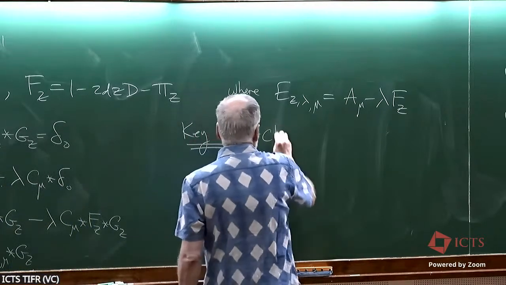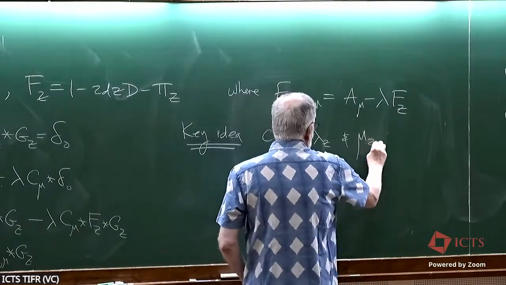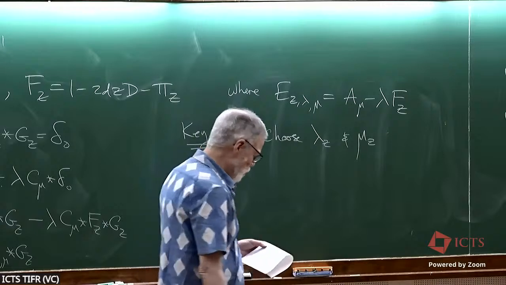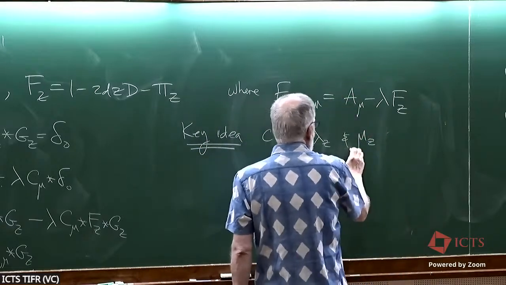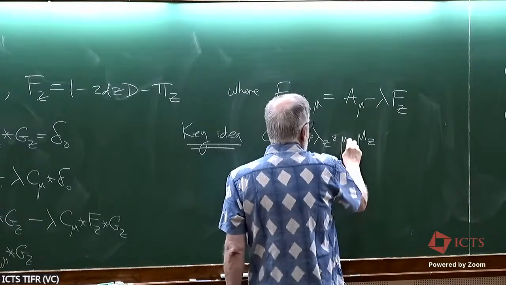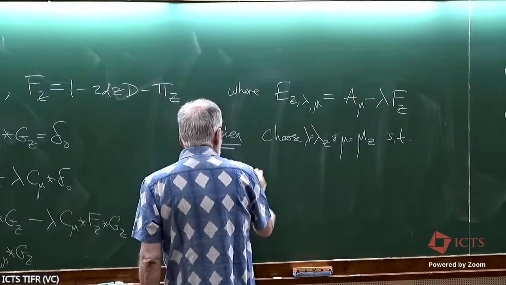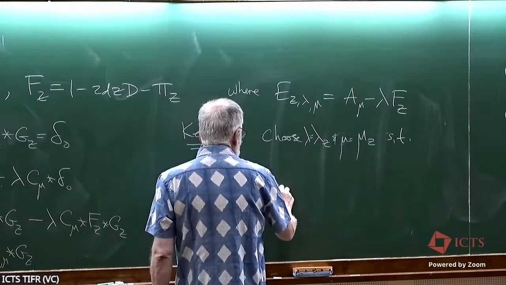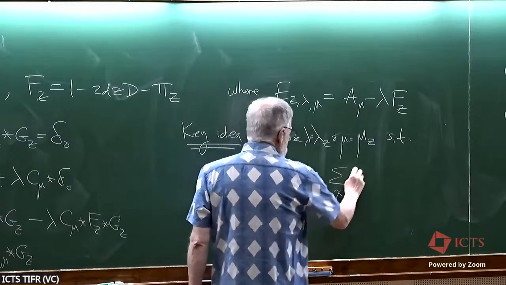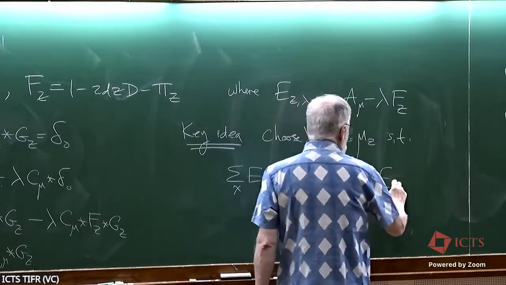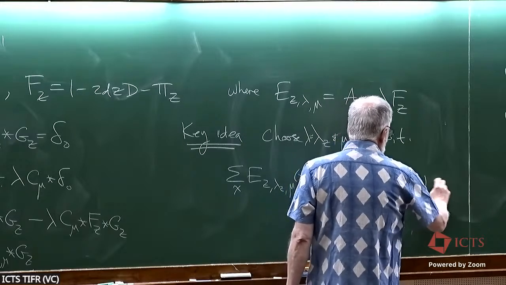So I'm going to choose lambda_z and mu_z, so they're going to depend on z, such that the sum over x of E_z(lambda_z, mu_z)(x) and the sum over x of x squared times E_z(lambda_z, mu_z)(x) are equal to 0.